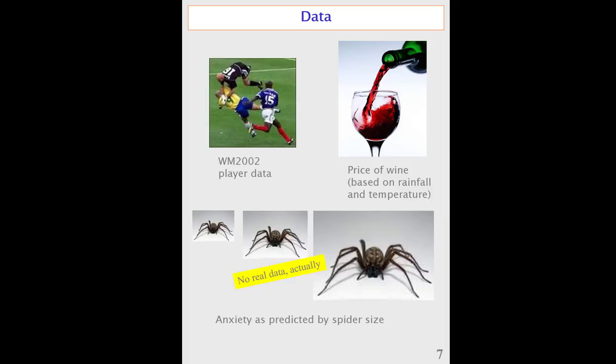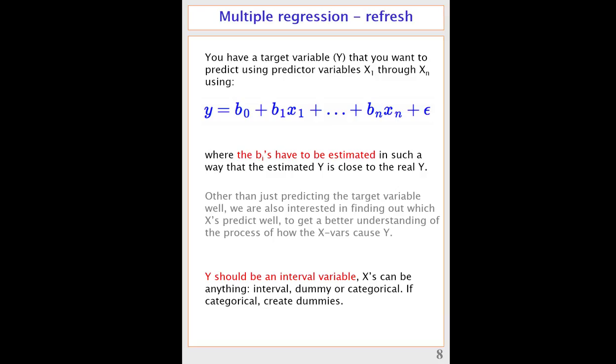I don't remember exactly, but we're predicting at least wine prices. And there is no data for this part. This is a thought experiment where the idea is what we're trying to measure here is how anxious somebody is and how that depends on the size of a spider that we show that particular person. So we have, let's say, spiders in all sizes, and we show bigger and bigger spiders to different kinds of people, and we see what happens.